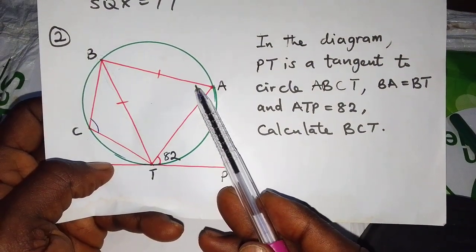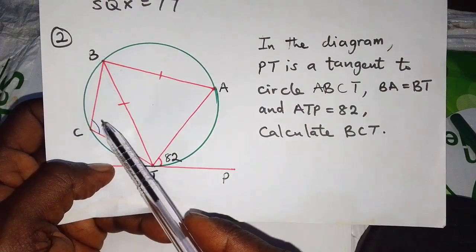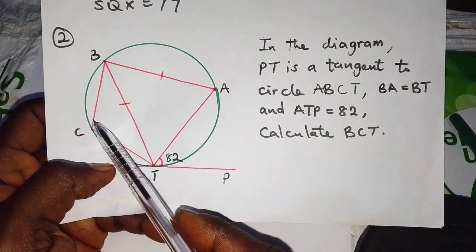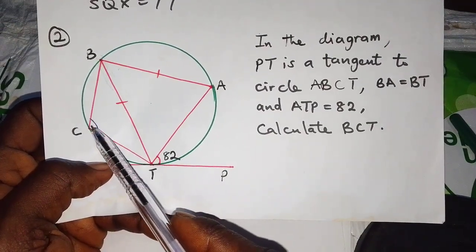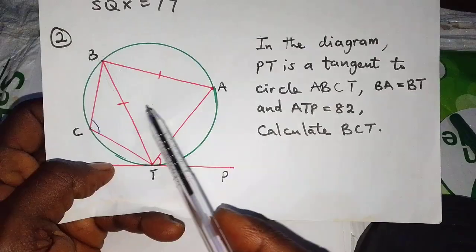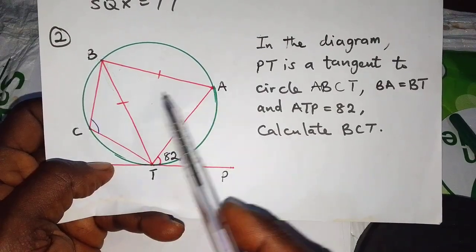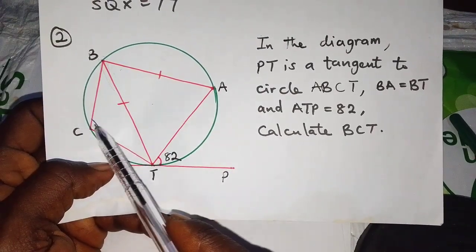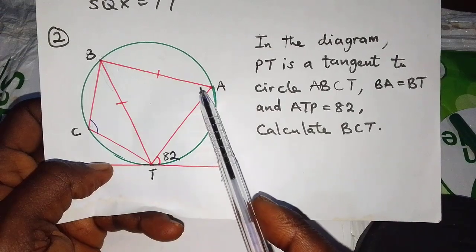Since you have been able to calculate this, we are told to look for the value for this one. You can see that this angle here and this angle here are opposite angles in a cyclic quadrilateral, and they should be equal to 180.